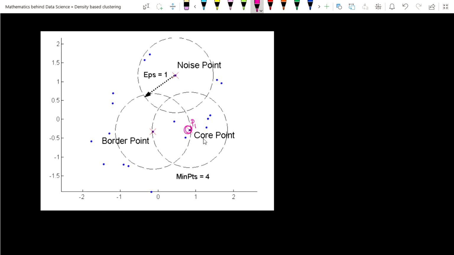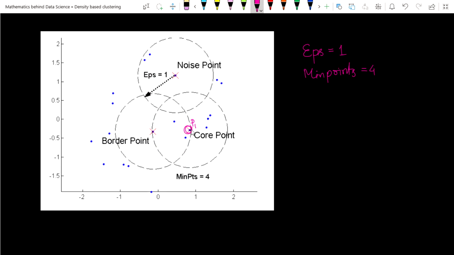This is the core point, and here we have taken epsilon equals to 1, and the min points that we have considered here is 4.